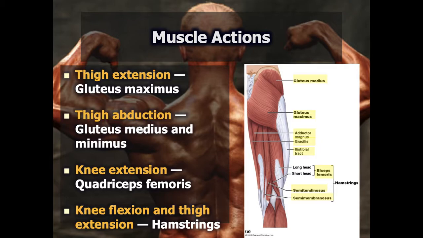Okay, thigh abduction, moving out, is your gluteus medius, he's along the side, and your gluteus minimus, we can't see him, but he's on the side as well. Knee extension, making your knee straight, is the quadriceps muscles, okay, that group. And then knee flexion, pulling it back, are gonna be your hamstrings, okay? We also get some thigh extension there as well, okay?